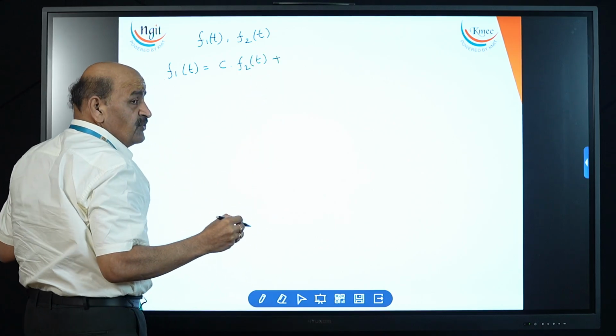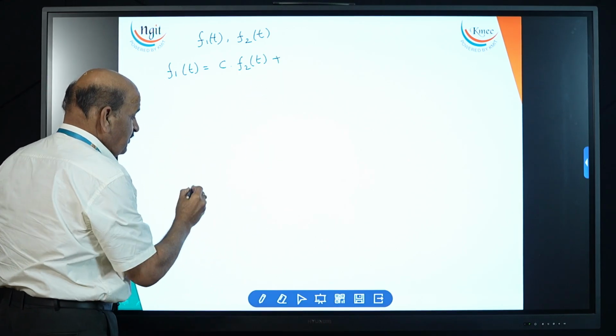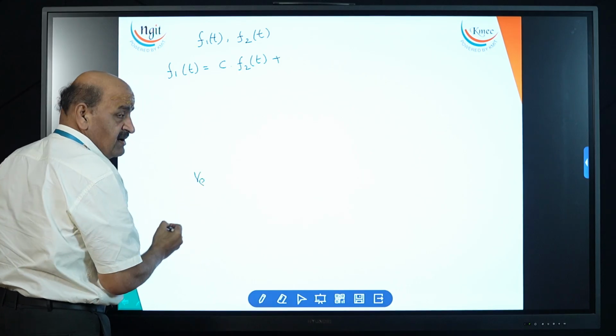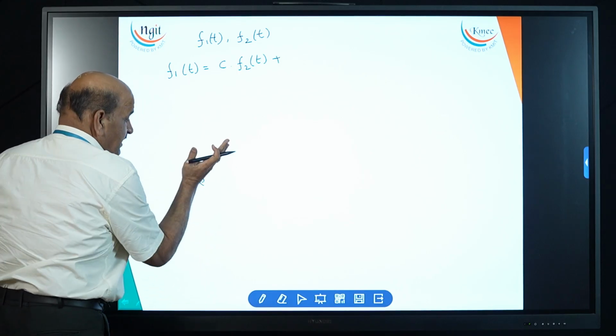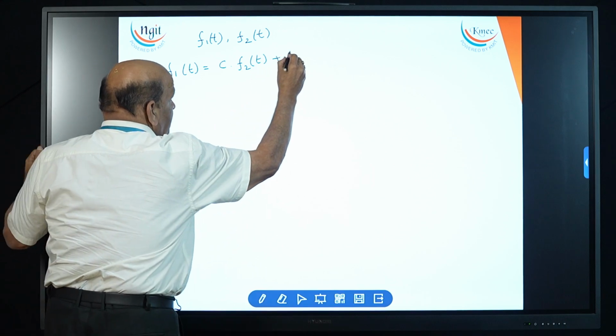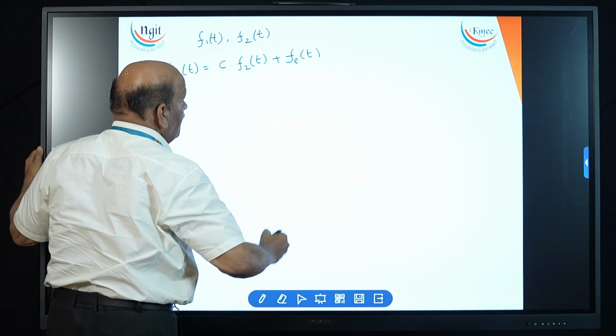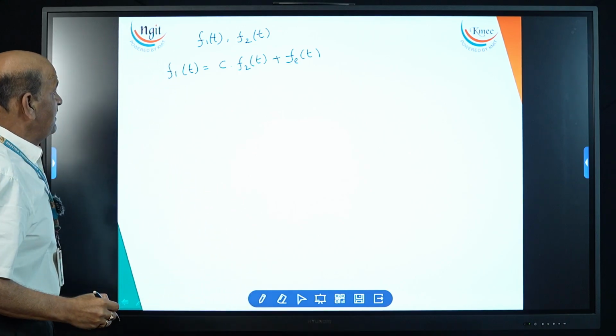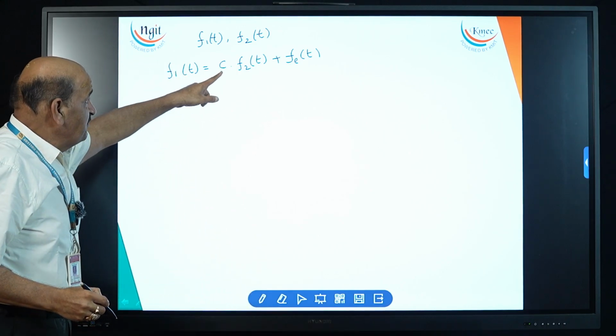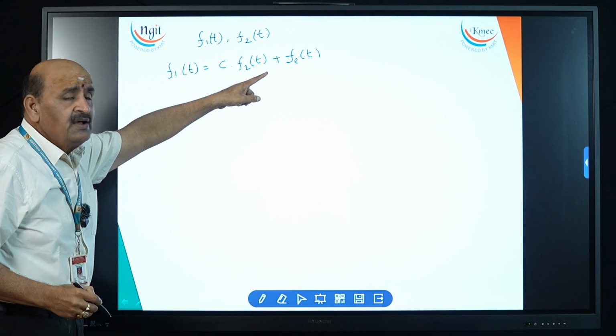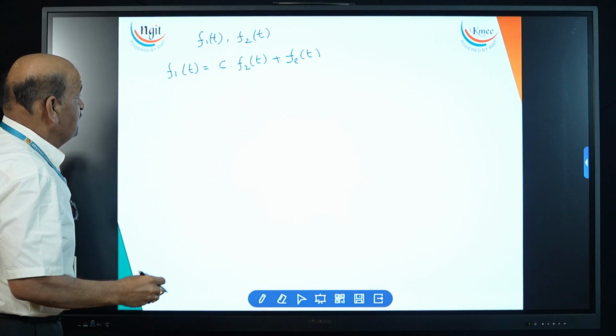In the vectors, we used Ve as error of vector. Here, the same concept we are using, error signal. E stands for error. So one signal can be expressed in terms of another signal, from some error will exist.